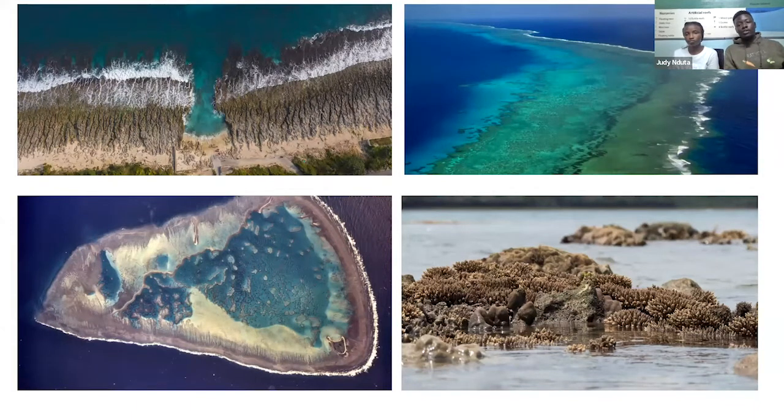The largest coral reef ecosystem is the Great Barrier Reef that I'm sure we're all familiar with, that extends for more than 2,000 kilometers. On the bottom left here, we have an atoll. How an atoll forms is a coral reef will form around an island or an underwater volcano.